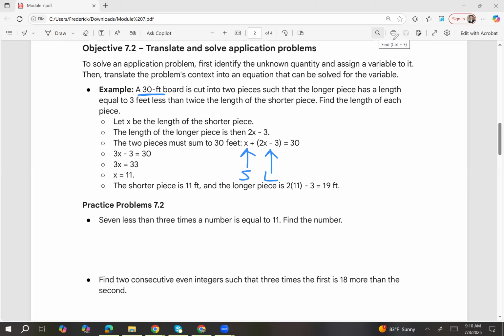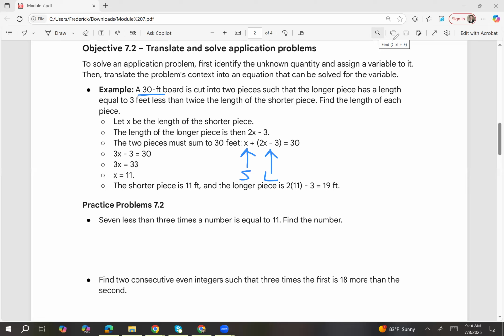We would then want to drop those parentheses since it just has an understood 1 in front of it. The distribution is just as simple as dropping the parentheses: 1 times 2x and 1 times minus 3.